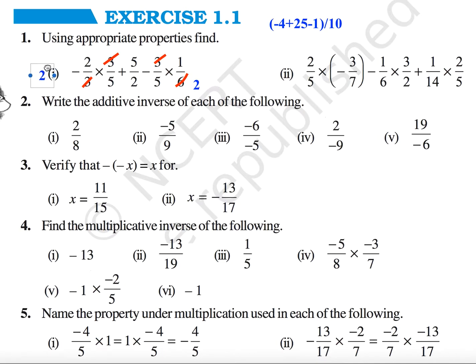Okay, this is the answer. Okay, let's see this problem. Are there any common factors? Yes, this goes by 2. Okay, like in the earlier case.